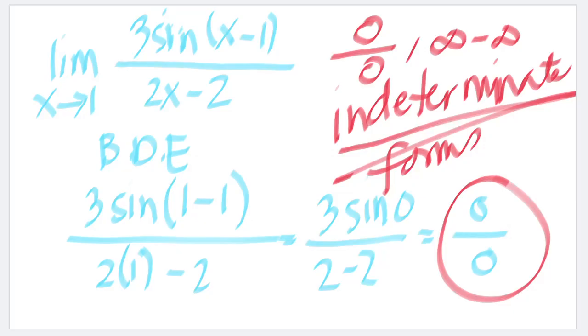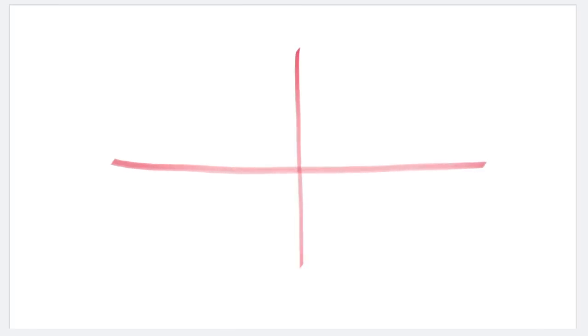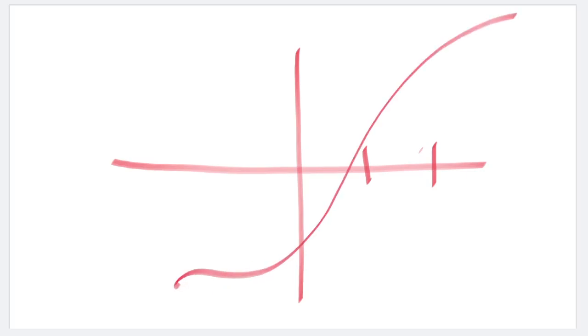So for example, this is the graph. Let's say this is your point of concern, this is 1.